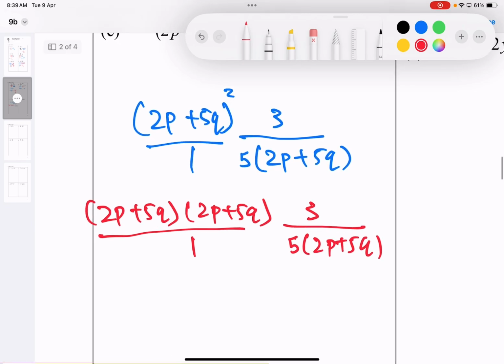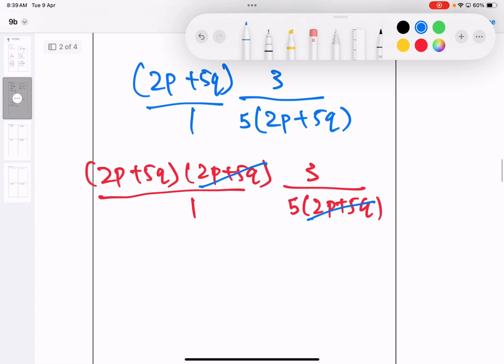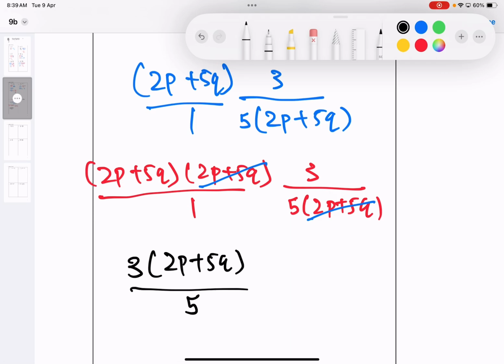So, if I realize that I have the same thing at the top and at the bottom, what I can do is I can cancel the common terms. So I can see this is the same, I cancel. The numbers wise, I can just combine them. So I'm going to get 3, 2p plus 5q divided by 5.